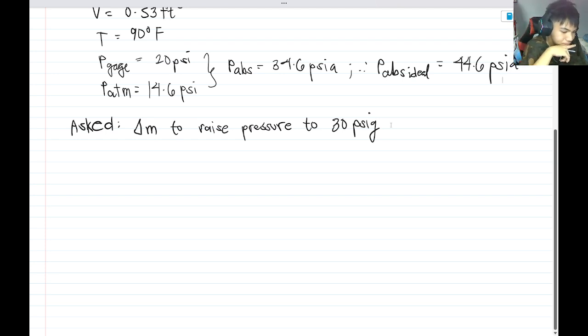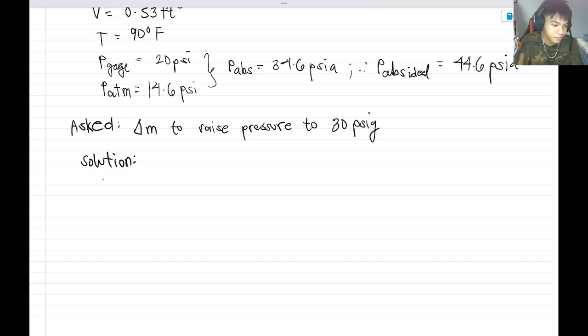Okay, let's solve. So again, we're solving the first mass. So M1 is equal to PV over RT. And we know that the temperature and the volume are constant.